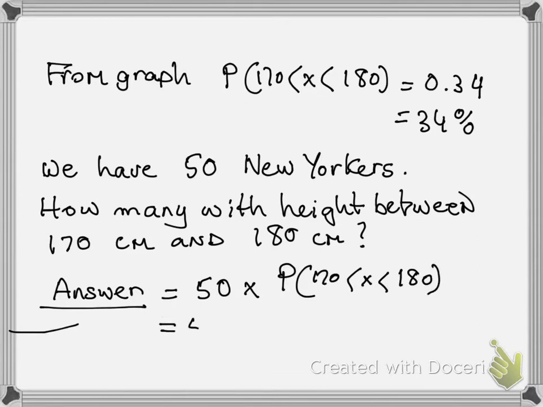So that's 50 times 0.34, or 34%. That's equal to 17. So we have 17 New Yorkers out of 50 with height between 170 and 180 centimeters.